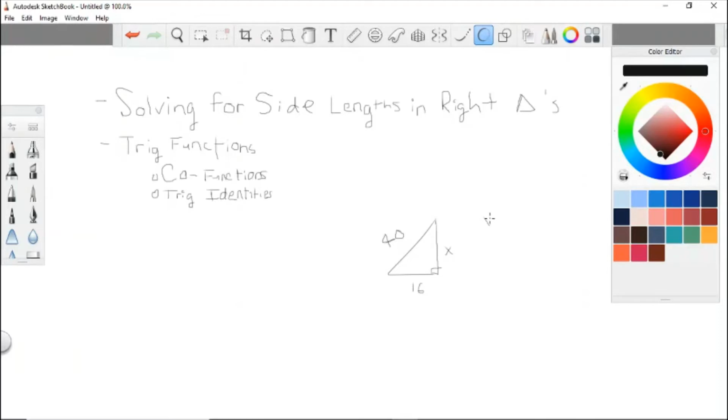We would start with the two legs on one side, so a squared plus b squared equals c squared. And x, so this is x squared plus 16 squared equals 40 squared.